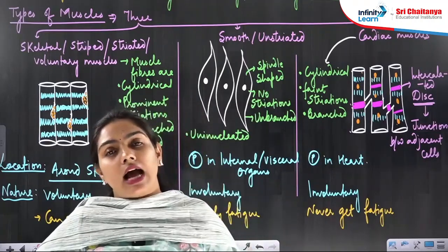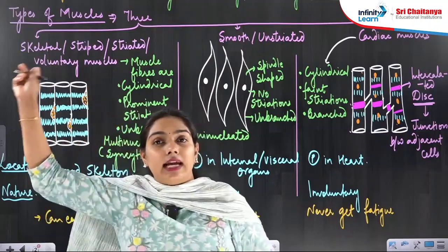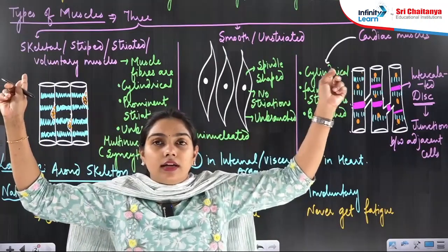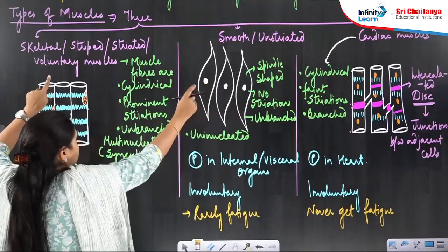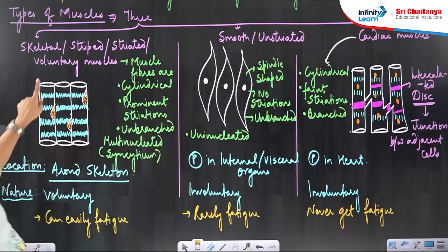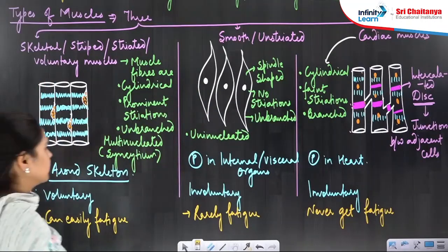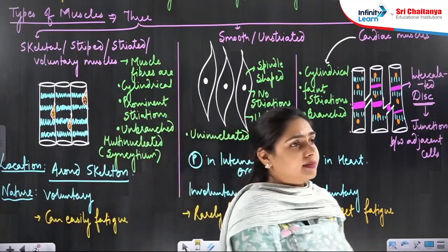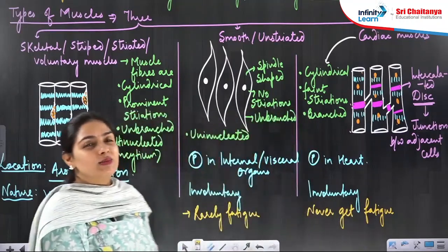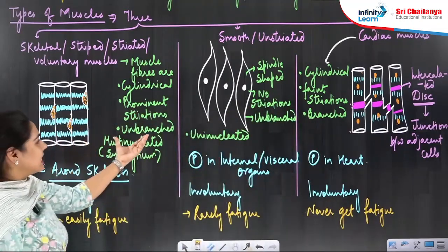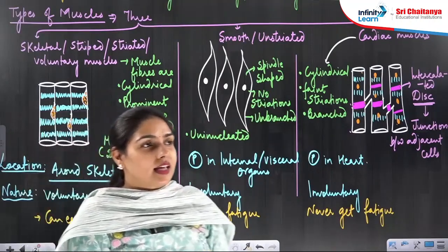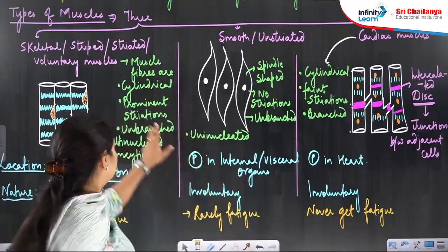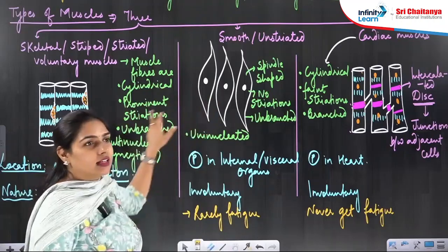For example, if they ask what is the similarity between skeletal and smooth, is there any similarity? Can you find any similarity?